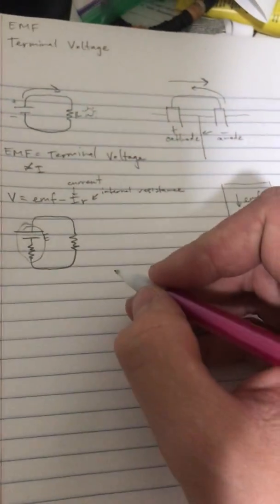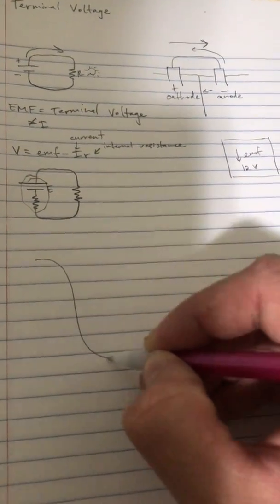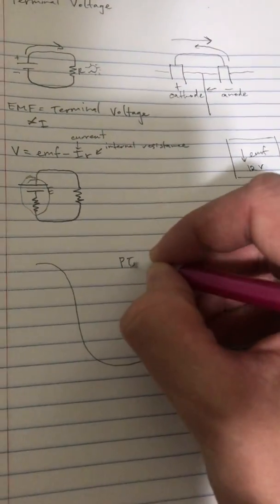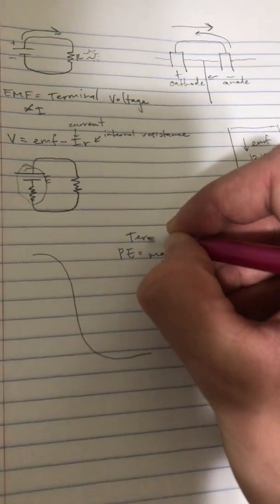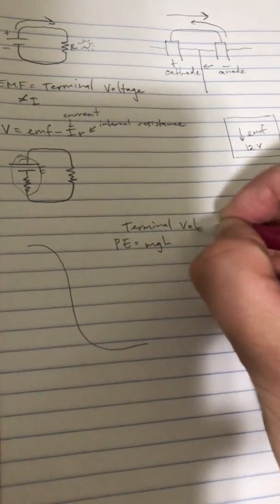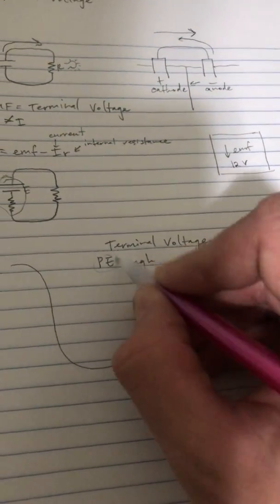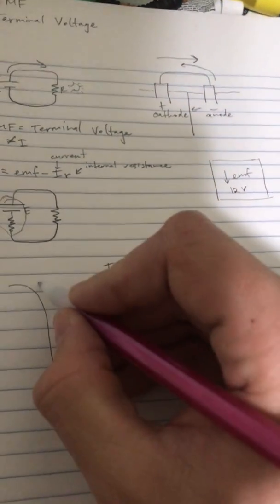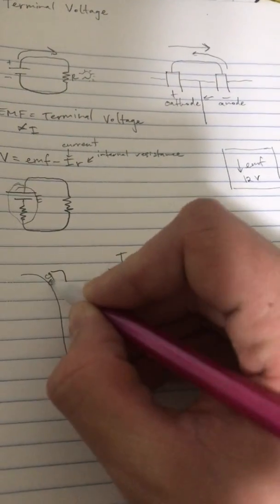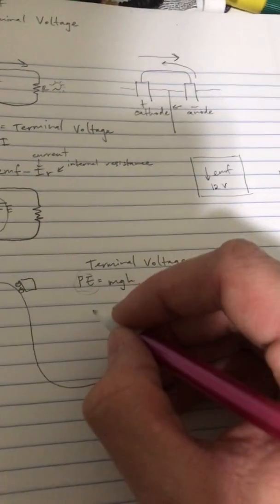I think a good way to think of this is if you're at the top of a hill, the potential energy equals mgh, and this is like the EMF. This is the theoretical amount of energy that you have. The thing is when you've got a little cart rolling down this hill, these wheels are going to actually heat up due to friction.